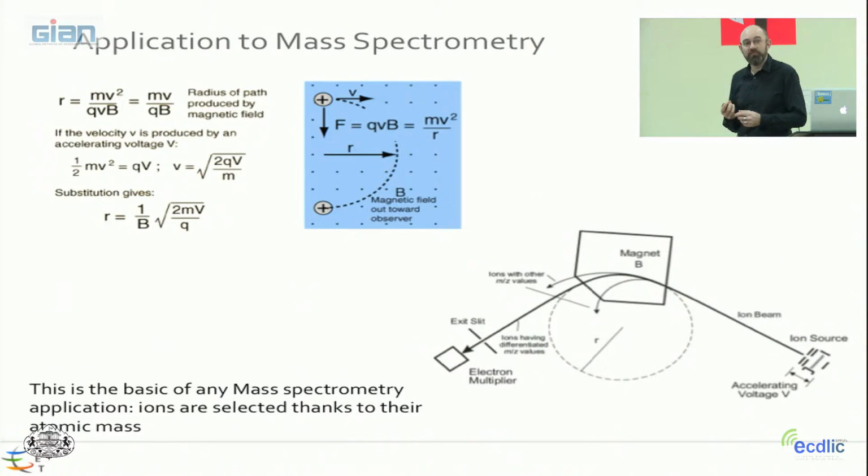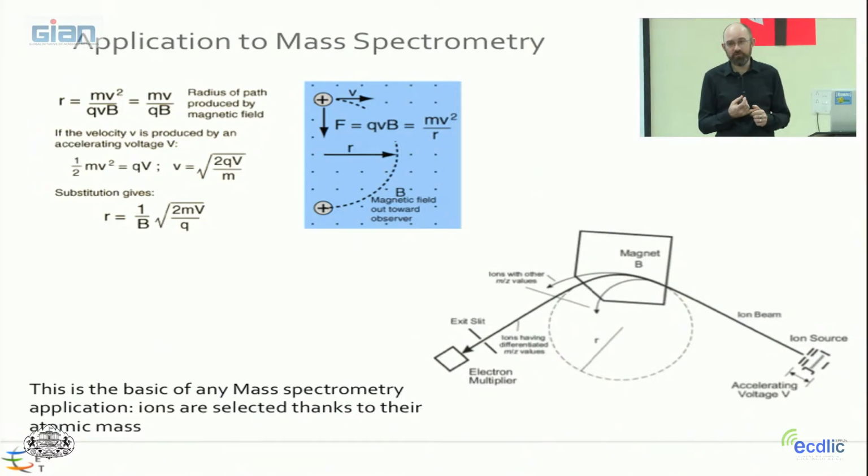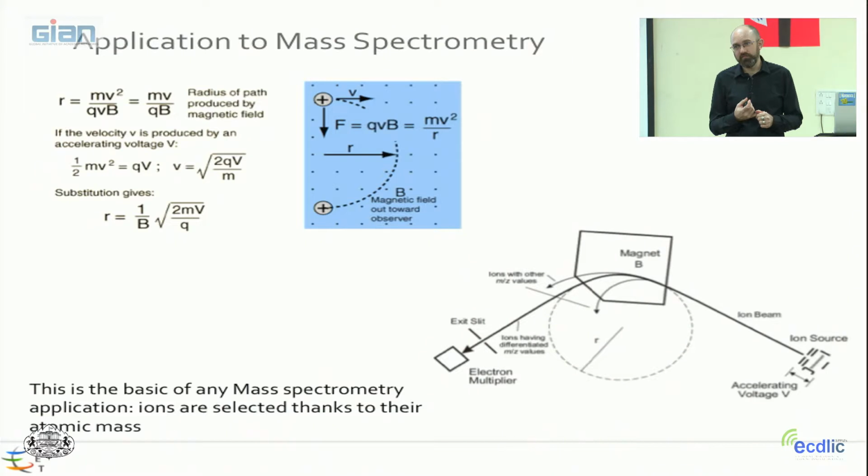So if you have isotopes of a single element, you have different masses of the single element. So if you are able to ionize, give a charge to your isotopes, accelerate them, give them a speed, and put them into a magnetic field, you are able to separate them according to their mass. The basics of mass spectrometry. Okay.